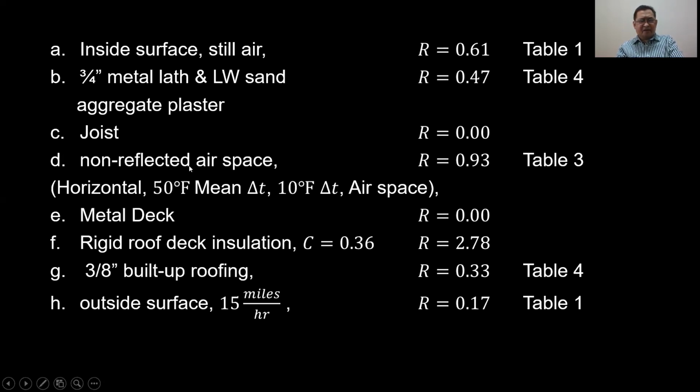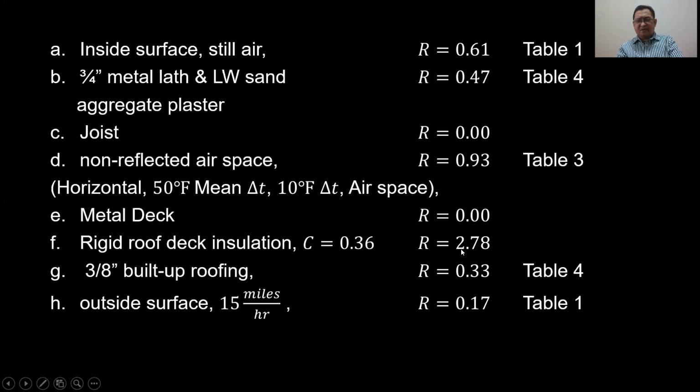And then we have your non-reflective airspace, which is 0.93 taken from table 3, and the metal deck will be 0, and rigid roof deck insulation will be having C is 0.36.